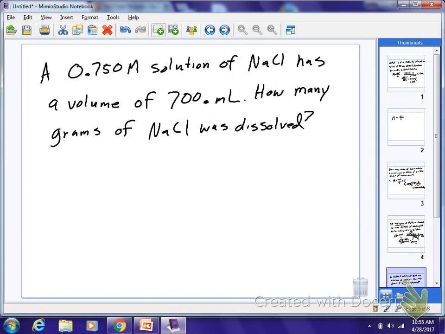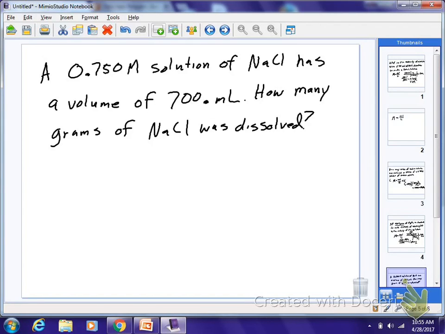I'm going to show you a little bit different approach to doing these last two. Verbally, I'm going to tell you what most of you probably did in your setup. Most of you probably took molarity times volume, and that solved for moles.